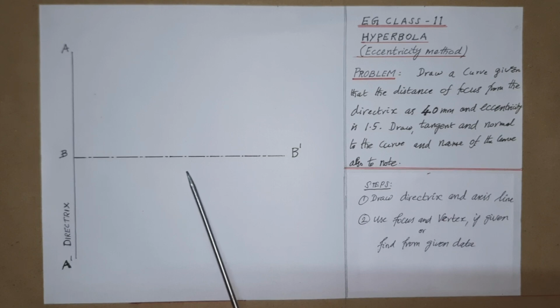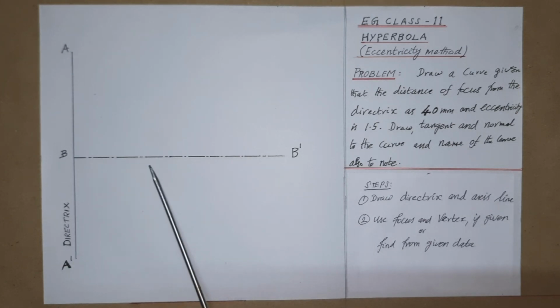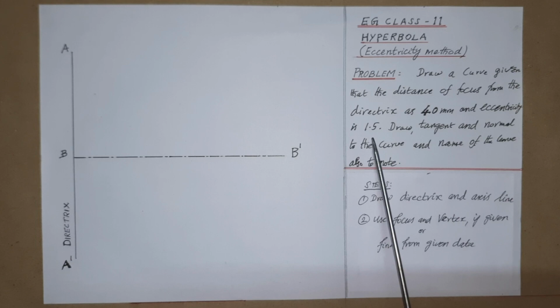That is why the third step becomes essential to decide V and F points distance from V. But that should also be within the condition based upon the given problem data.